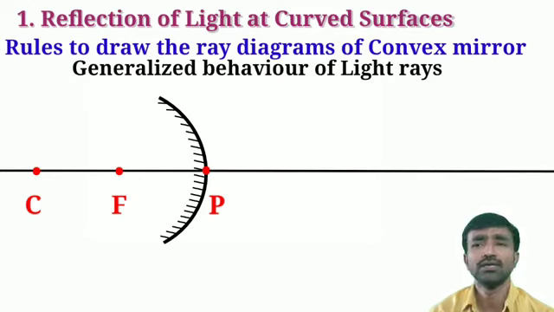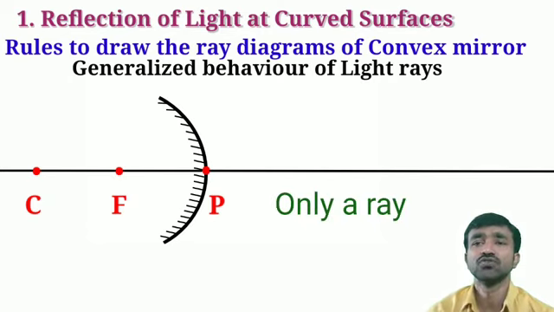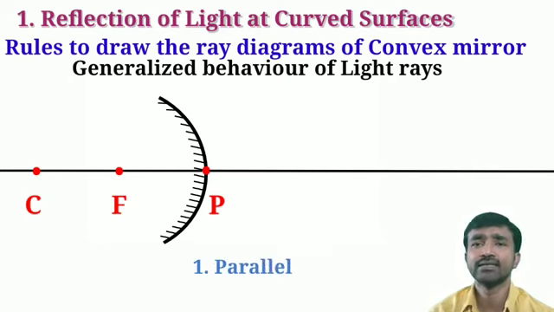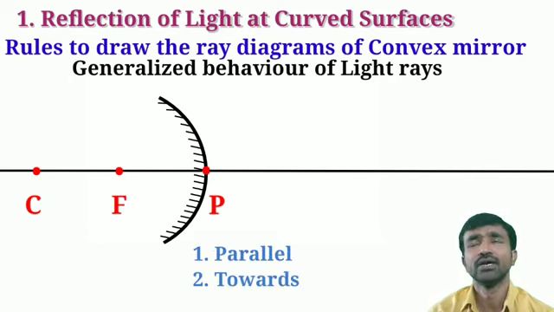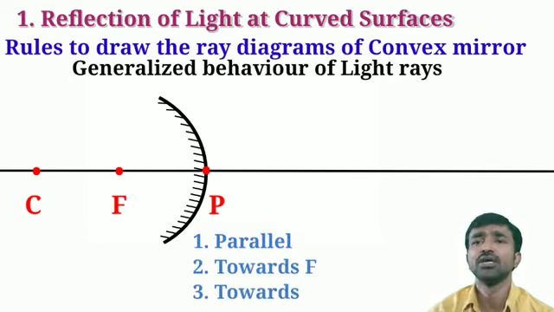Why this? Because on the principal axis we can put the object. Here we are not going to use the object, just rays. First I will use a parallel light ray. The second one is the light ray which seems to meet the focal point.